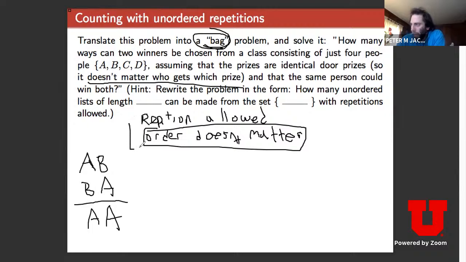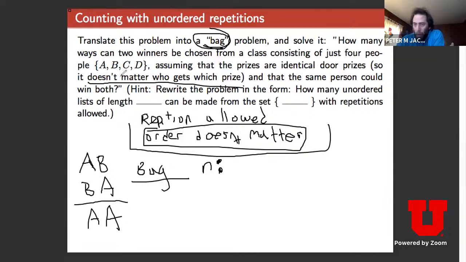We need to figure out n. N is the number of possible items that can go in a position, and that's going to be 4, because there are 4 people.